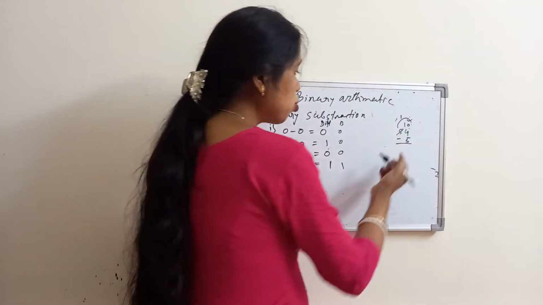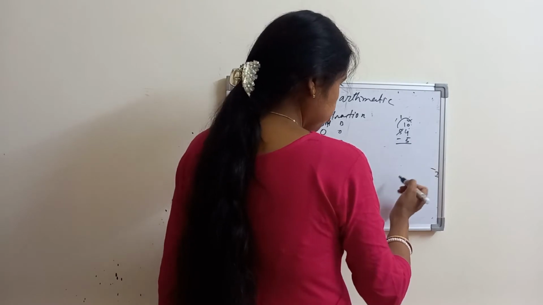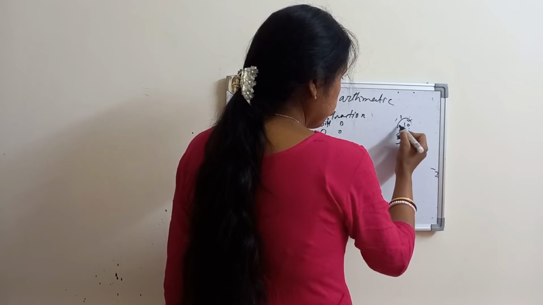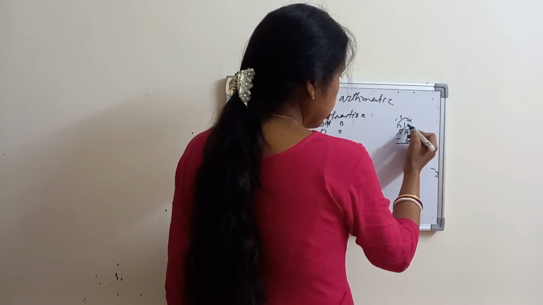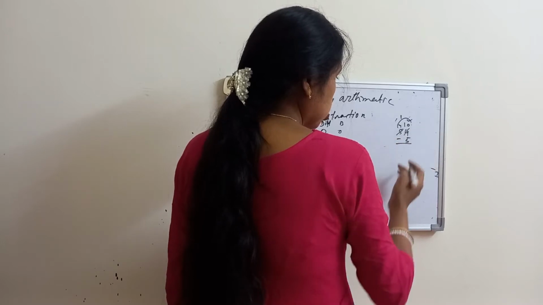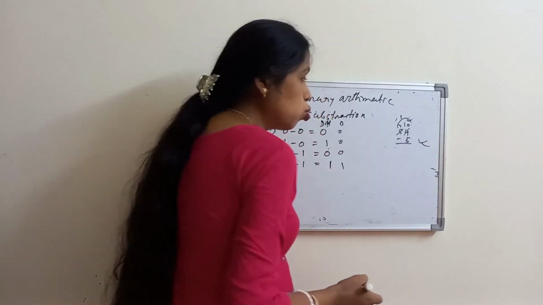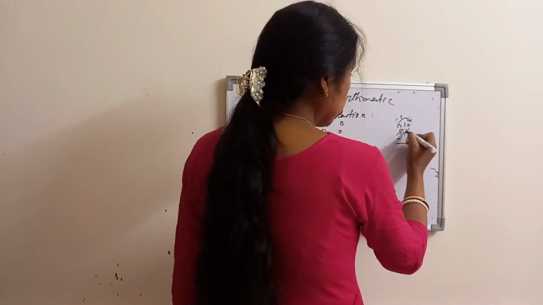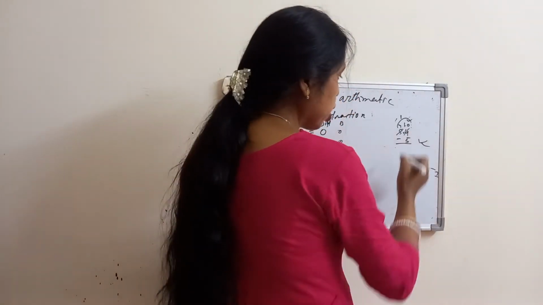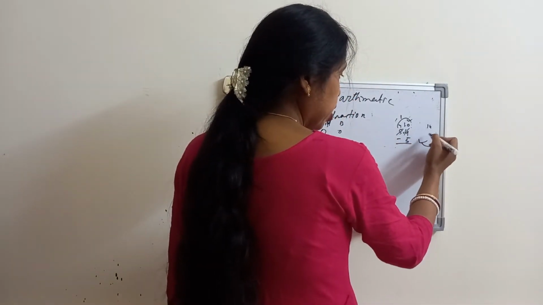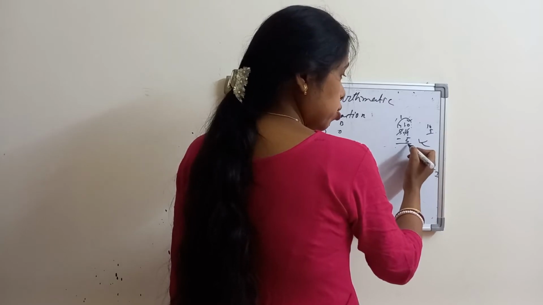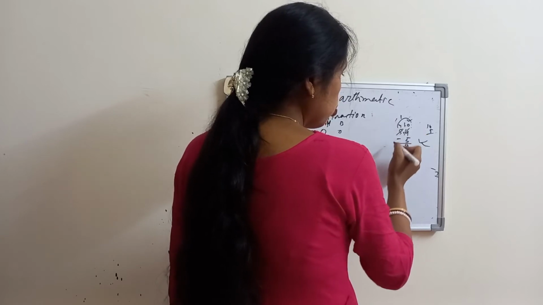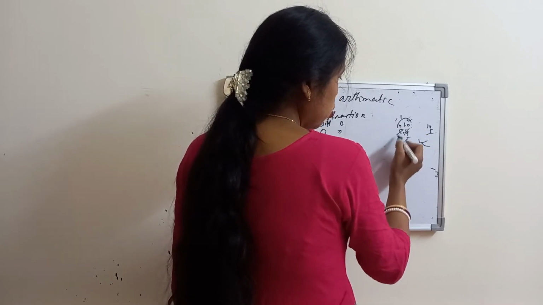Now if we subtract, here you will get 4 and here you will get 3. In this way you have to do it. So you write 10, then add 10 to the 4, and you get 14. Subtracting 5 from 14, you will get 9. The 5 will be decreased to 4.